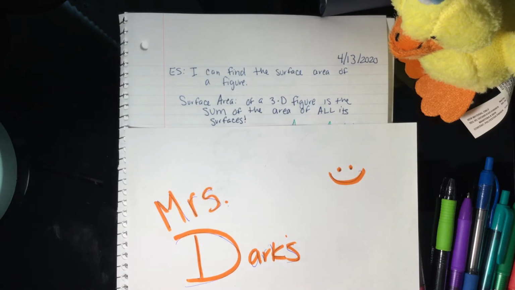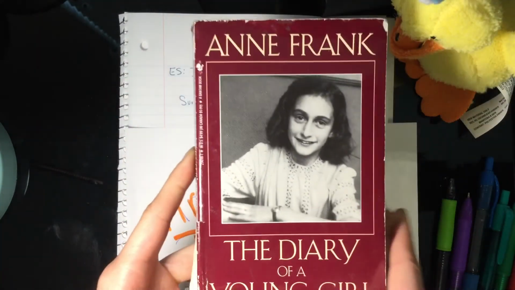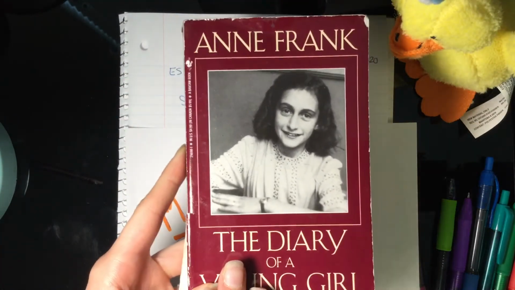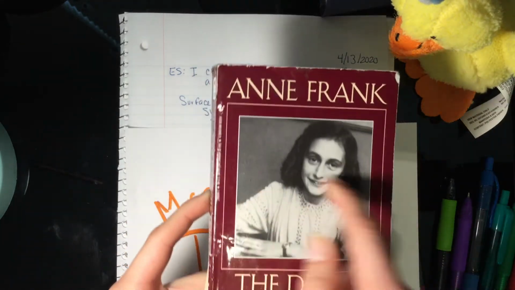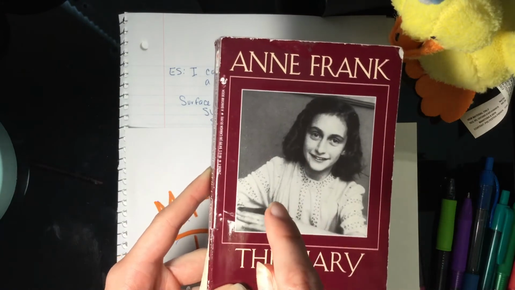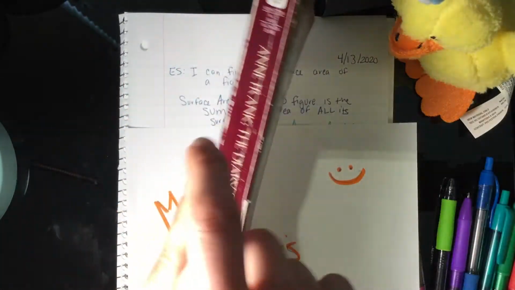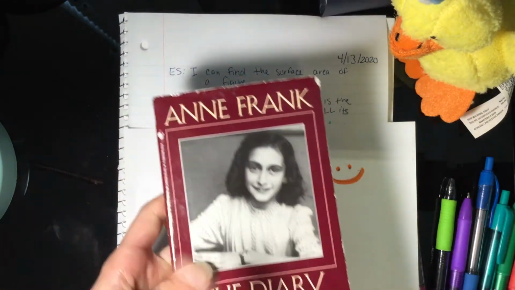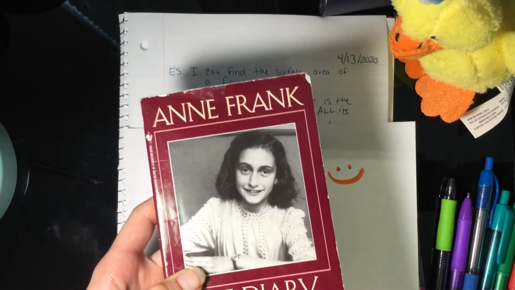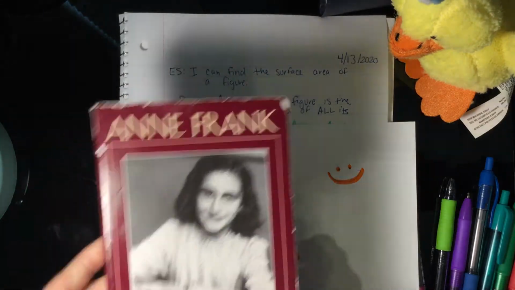So to give you an example, if I take this book, it's a 3D book, right? I have to take the area of all these surfaces. So you see there's 6 surfaces: 1, 2, 3, 4, 5, 6. So I'm going to take the sum of adding all of these areas, and that will be my surface area.